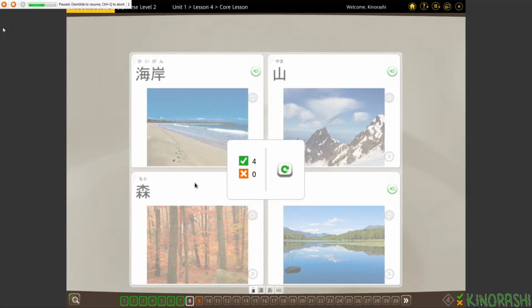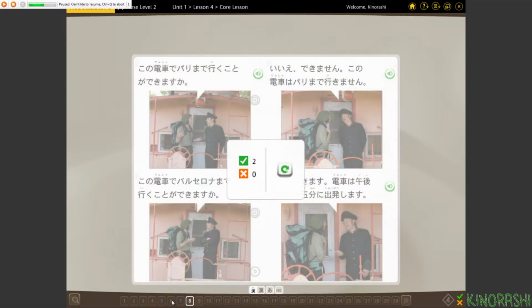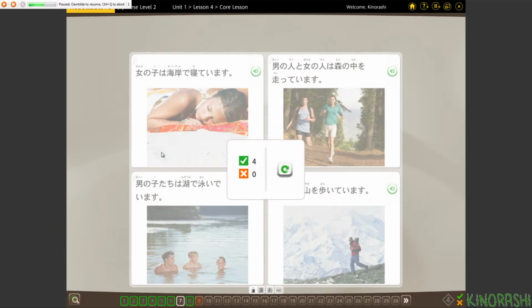Lake. Okay, so that was supposed to be a lake back there? Yeah, well, I guess I've just seen some really wide rivers. Yeah, that is pretty big.